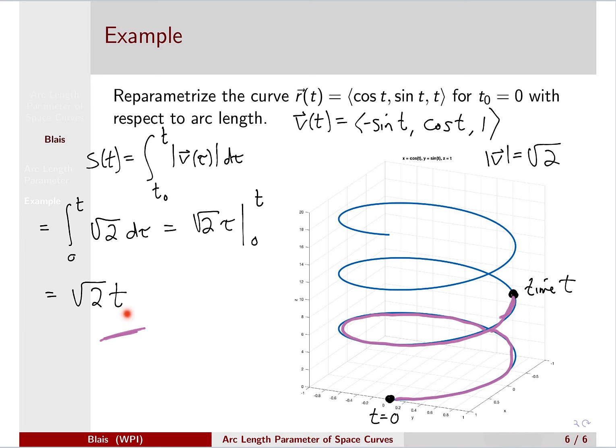And you see it's a function of t. So as t increases and the particle moves more, we see that its arc length is actually increasing.